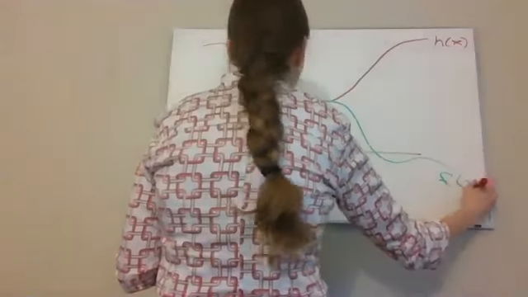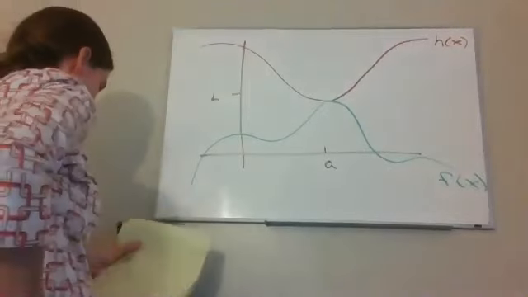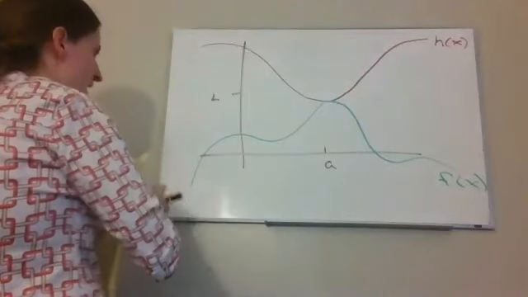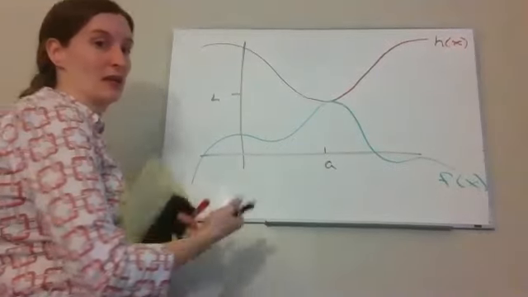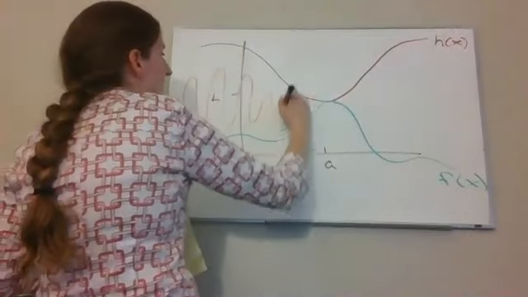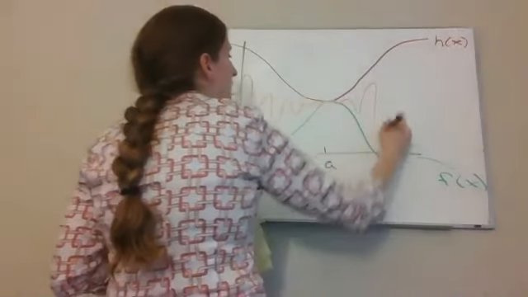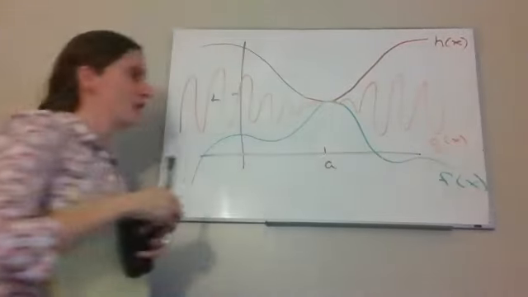Then let g be smushed in the middle, and I'm going to make g look really complicated.